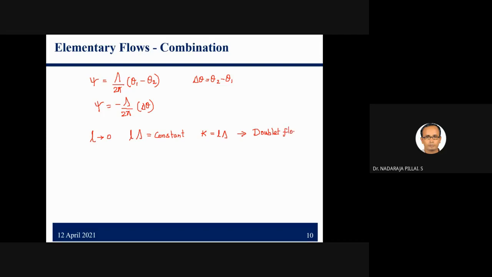This is a special flow called doublet flow. Lambda is the strength of source flow or sink flow, and kappa is the strength of doublet flow.